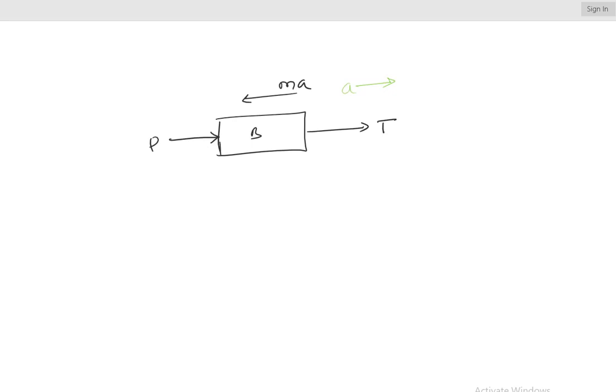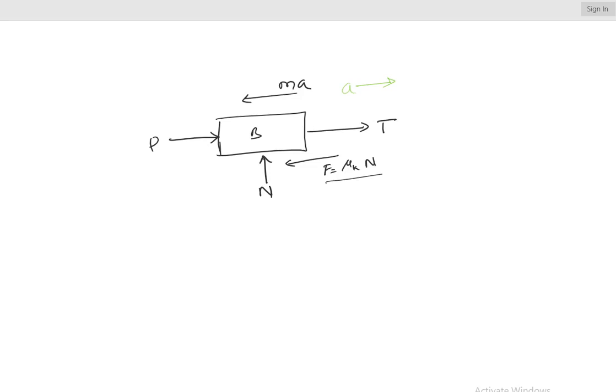Since the body is moving towards the right, the frictional force would be towards the left, which is mu K times the reaction force. I'll just call that frictional force F equals mu K times the weight of the body in this case, which is N, the reaction force. So this gives the entire frictional force.